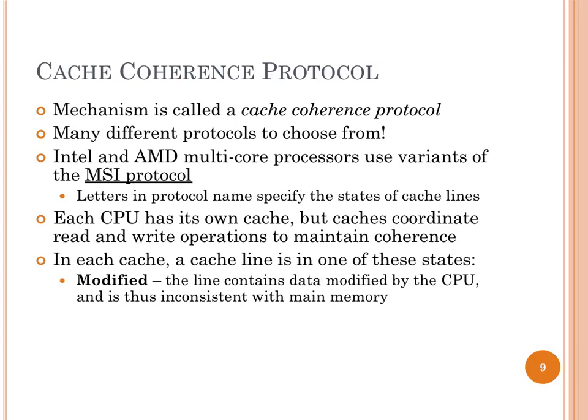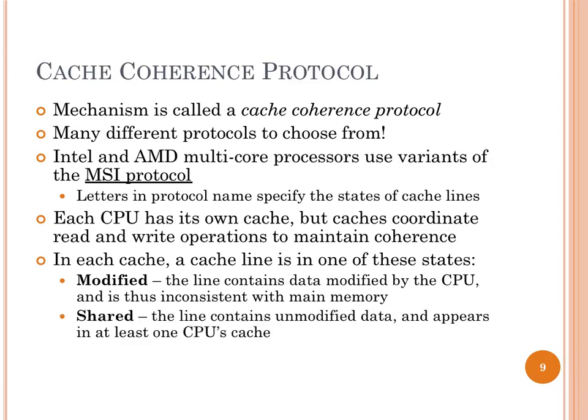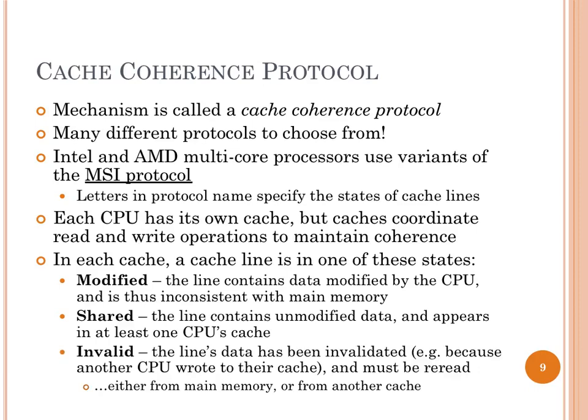So remember, each cache has its own processor, and if a cache line is modified, then that means that it's got data from that processor. Then you have shared, which means that the line is unmodified, and it can appear in at least one CPU's cache, so that seems okay. And then you have invalid, which is basically a way of saying don't trust the line's contents anymore because somebody else has done something to invalidate this data. Okay? So those are the three states: modified, shared, and invalid.